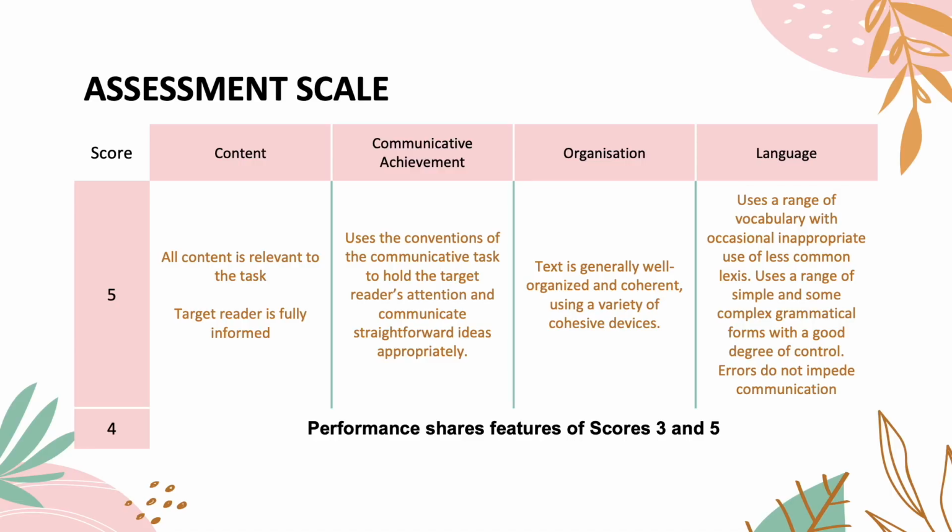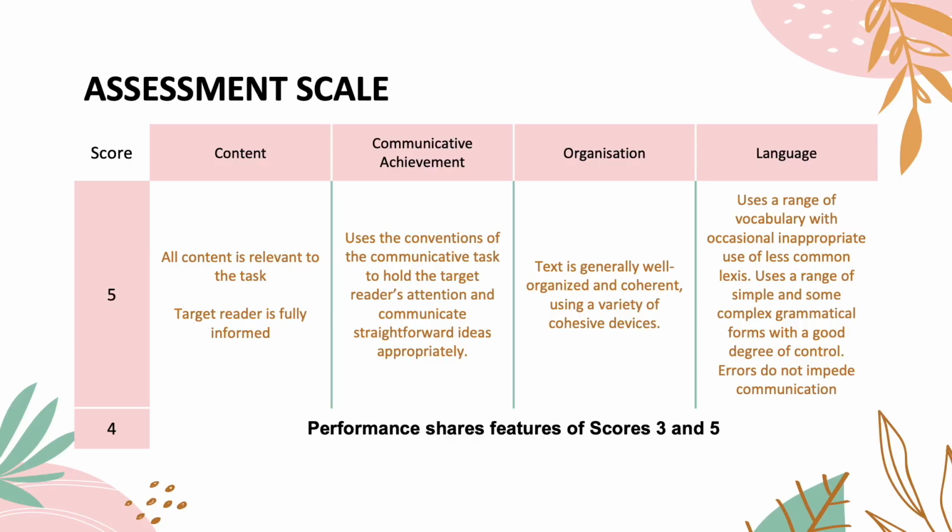If you want to get 5 for content, you have to make sure that all the content in your essay is relevant to the task. So if there are 3 bullet points, you have to make sure that you fulfill all the tasks assigned in the bullet points. Secondly, you have to make sure that your target reader is fully informed, which means that candidates should address all the points in the task clearly.